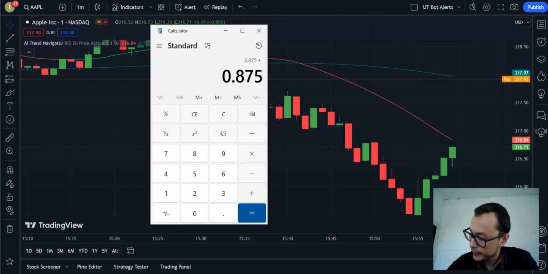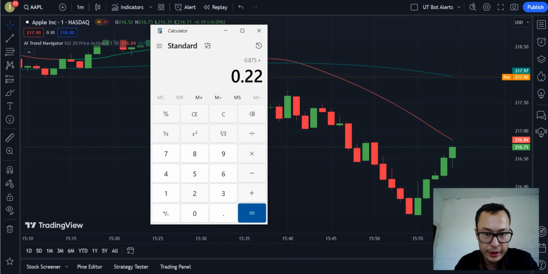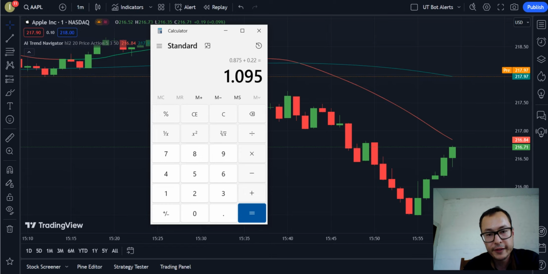And then lastly, the next time that we sold the Apple stock, we sold it at a profit of 0.22%. So within a 3-hour time window, we made a profit of 1.09% in terms of increase in the Apple stock price overall, cumulatively.